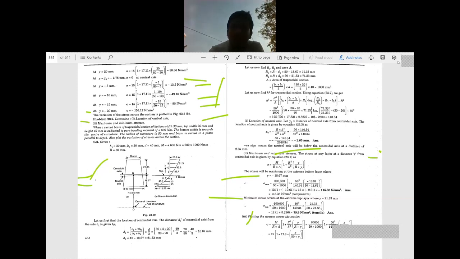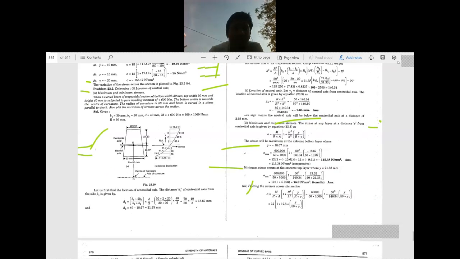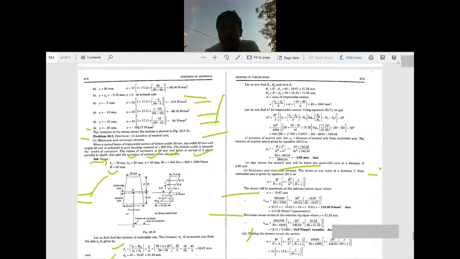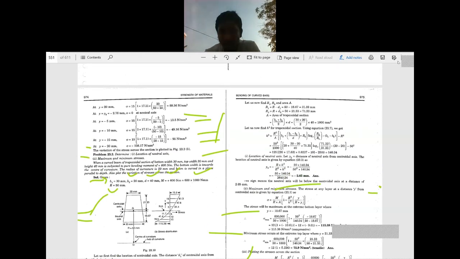Okay, he has given all the data. Whatever the data is: B1 is 30, B2 is 20, depth is 40, moment is 600 Newton meter, convert into mm, and radius is 50. Once you have all this data, you calculate the formula for D1 and D2. Why? Because here you have radii R1 and R2, that is R minus D1 and R plus D2.